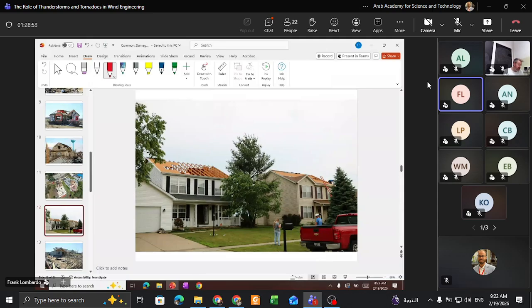So all you see is the roof structure left over. But you can also see, and I don't know, it could speak to construction quality, or it could speak to the flow characteristics of the tornado. What you don't see is a whole lot of other damage, right? You see this tree, it looks fine. All these trees look fine, no leaves stripped off, nothing, right? If that wasn't there, you may not be able to tell anything had actually happened.